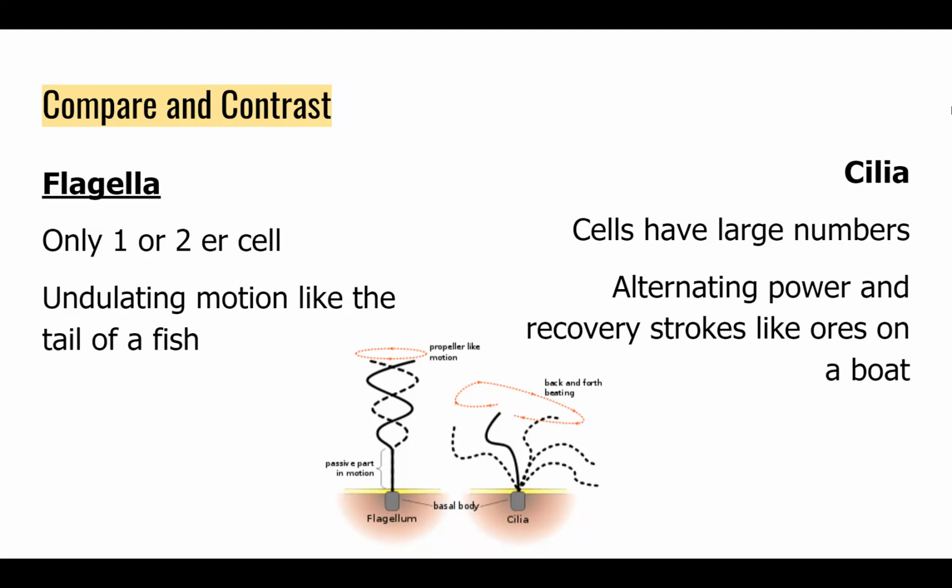They both can move fluid and move through fluid, but how they do it is a little bit different. If you've got a lot of cilia, think of it like a lot of rowers on one boat, you can get a lot of stuff done with smaller movements, whereas we've got our singular flagellum that will move like a fish.